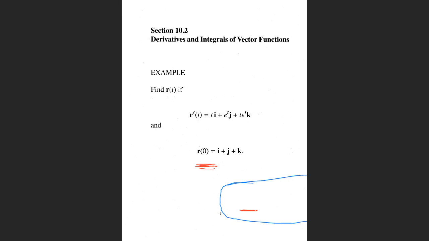So if we go here to the solution, here's how you would do the integral.